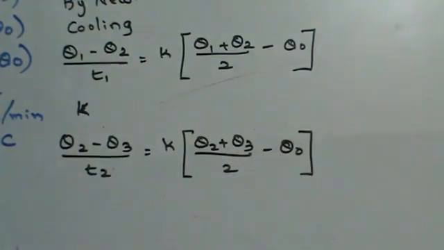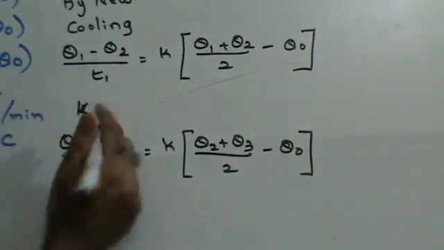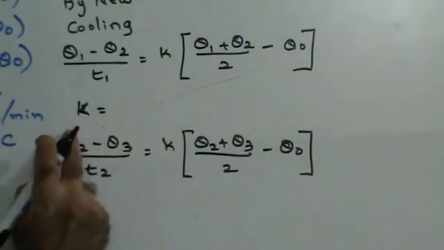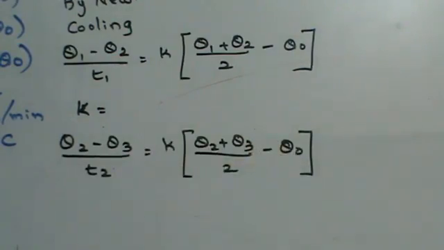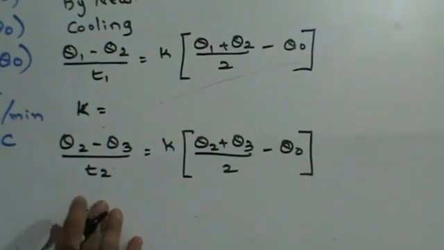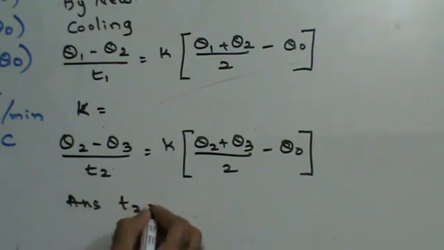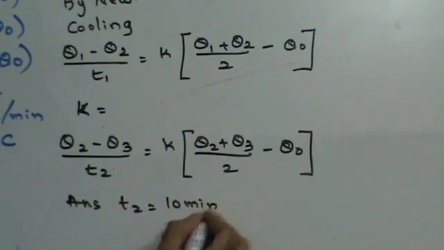Right? You'll come to know the value of T2, because K you would have already found out from here. Theta 2, theta 3, theta 0, all the three temperatures you have. The only unknown is T. You should get the value of T. The answer for this should be 10 minutes.